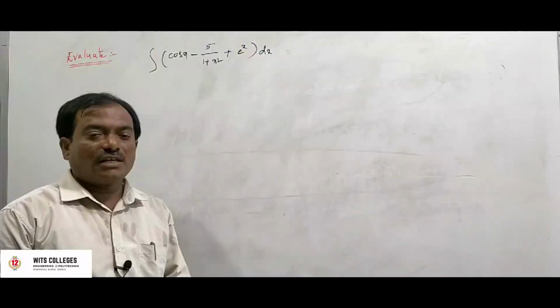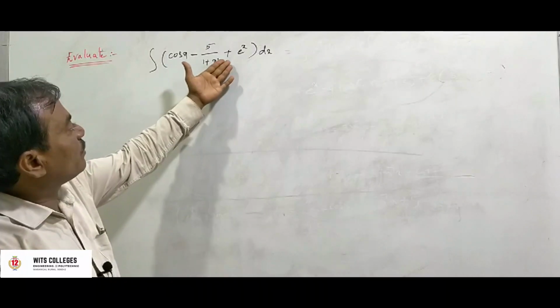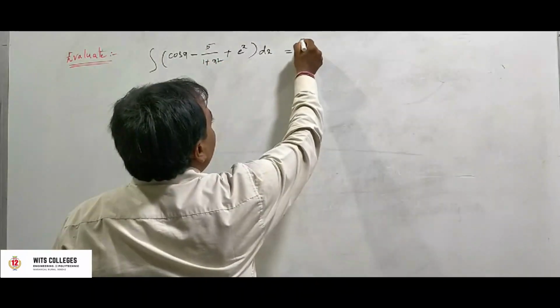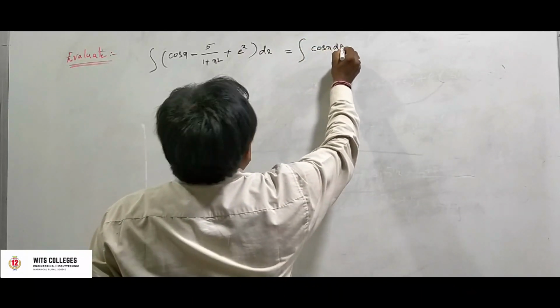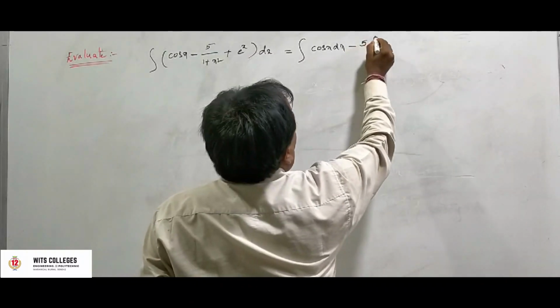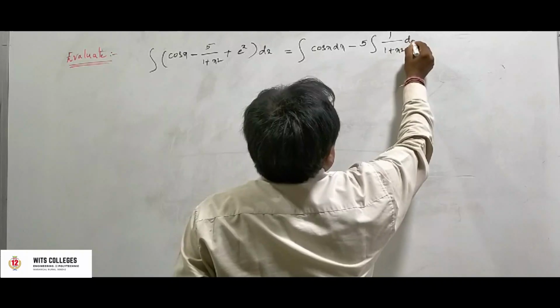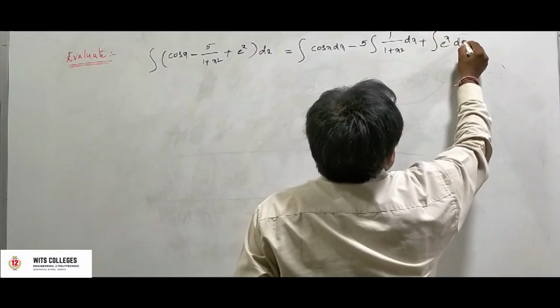Evaluate integral of cos x minus 5 by 1 plus x square plus e power x dx. So first we have to write this in this form: integral cos x dx minus 5 integral 1 by 1 plus x square dx plus integral e power x dx.